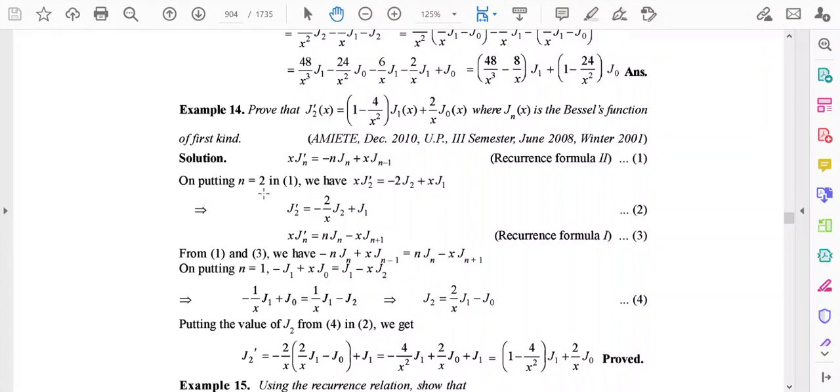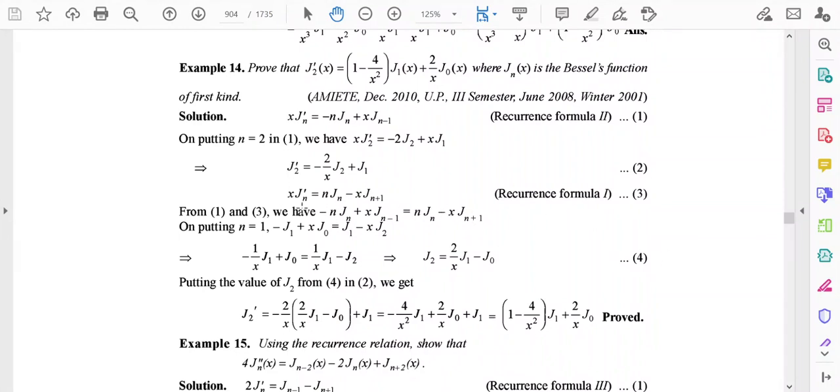Now if we put n = 2, this becomes x J2' = -2 J2 + x J1. So J2' we can write as -(2/x) J2 + J1, after a little rearranging. Now recurrence relation 1 is x Jn' = n Jn - x Jn+1.